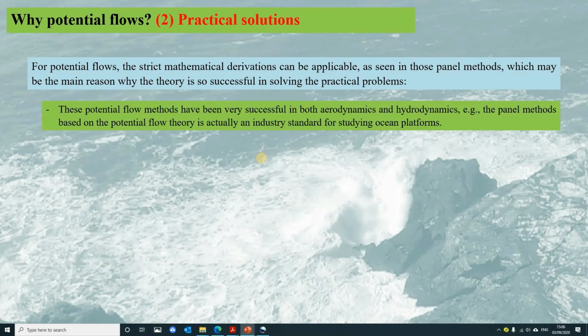These potential flow methods have been very successful in practical problems in both aerodynamics and hydrodynamics. For instance, the panel method based on potential flow theory is actually an industry standard for studying ocean platforms.